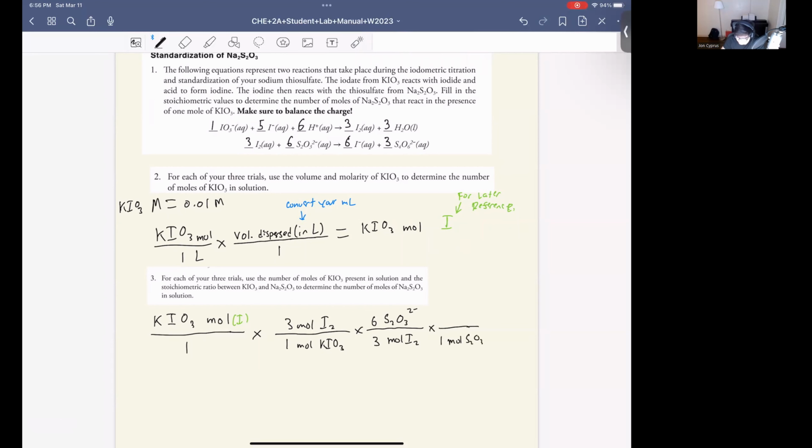For every 1 mole of thiosulfate you get, you have 1 mole of sodium thiosulfate, Na2S2O3. Sorry, thiosulfate, not sulfide.